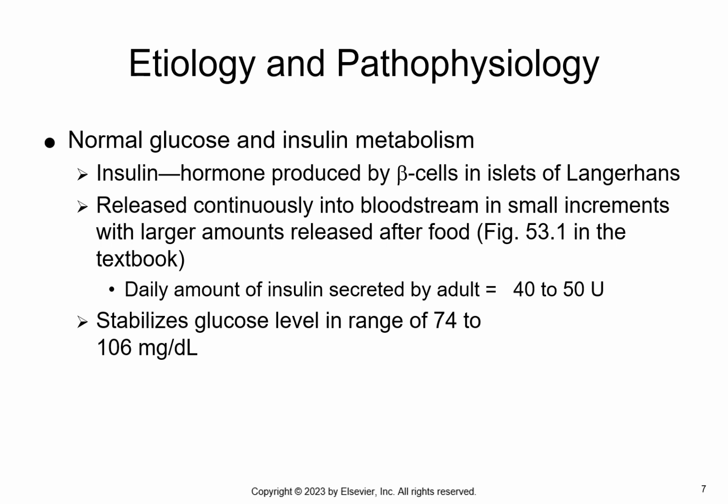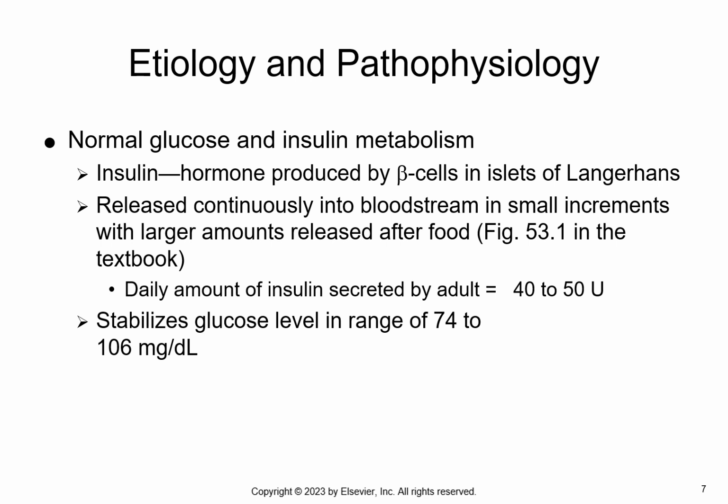Insulin is a hormone made by the beta cells or the B cells in the islets of Langerhans of the pancreas. Under normal conditions, the pancreas continually releases insulin into the bloodstream in small amounts. Release increases when we ingest food, and that's where you go back and look at figure 53.1. Insulin lowers glucose and facilitates a stable normal glucose range of about 74 to 106 milligrams per deciliter.